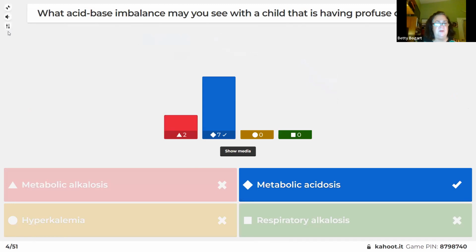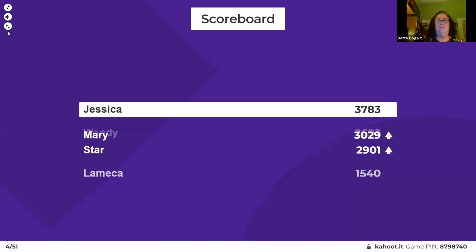So I'm going to be throwing some important ones in my Kahoots just to get you ready. Good. It's metabolic acidosis. In the bowel, there's a lot of alkalotic material because it's coming from the digestive process of the organs in the small intestine. So yes, it is metabolic acidosis. Good job.